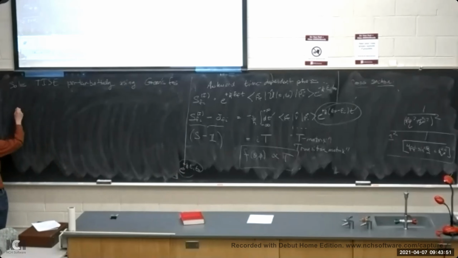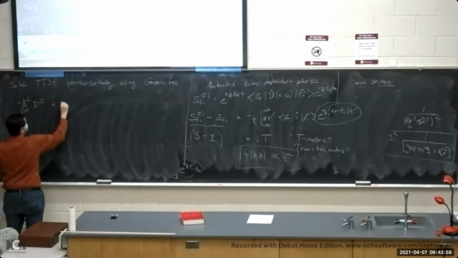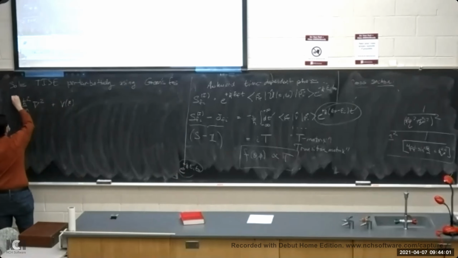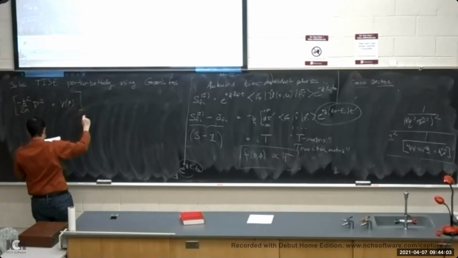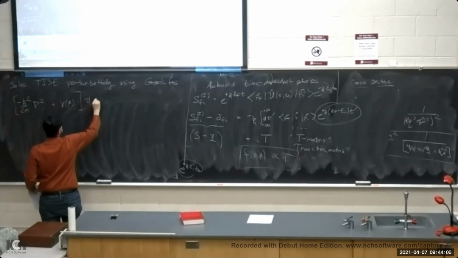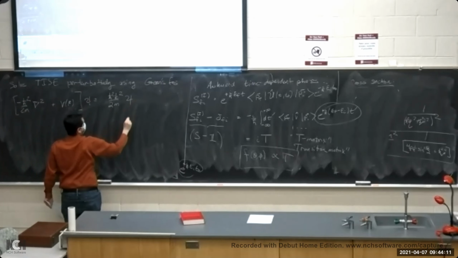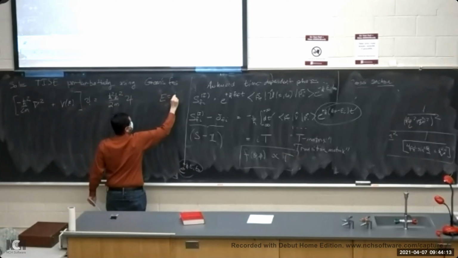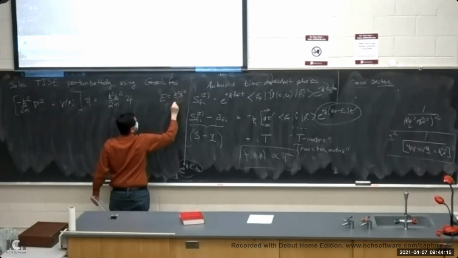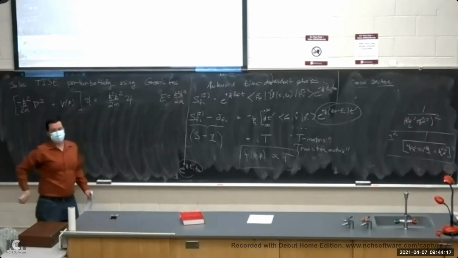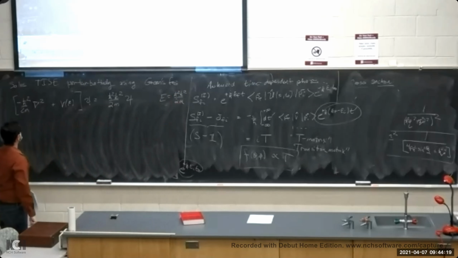The time-independent Schrodinger equation in 3 dimensions is minus h bar squared over 2m Laplacian plus V of r times my wave function psi equals the energy, let's call that h bar squared k squared over 2m psi. We're looking for the wave-like or positive energy solutions.